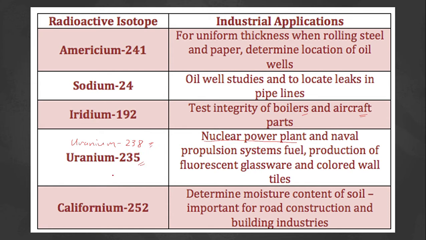Ito yung enriched, yung uranium-235 na yan, this is the enriched uranium. Okay? So, yan yung magandang gamitin for nuclear power plants and naval propulsion fuel systems for mga submarines. Okay? And production of fluorescent glassware and colored wall tiles. Pwede rin gamitin yung mga yan sa mga atomic bombs.